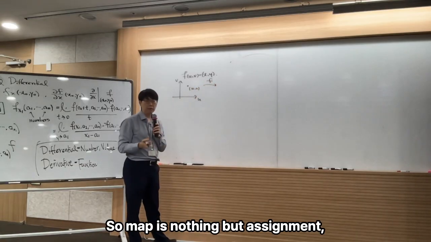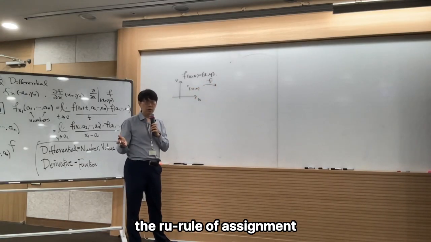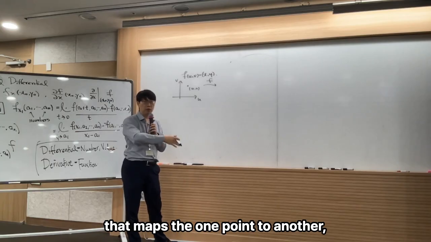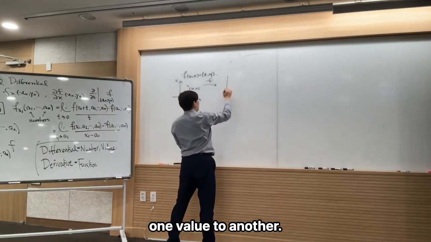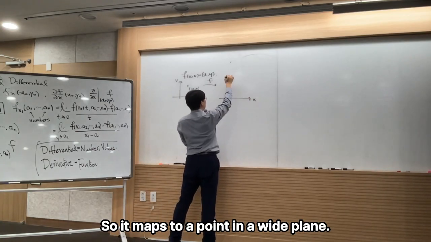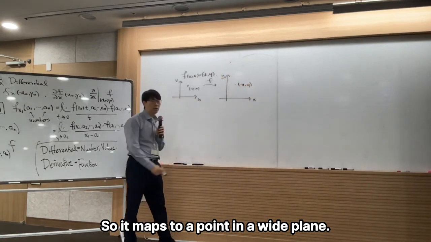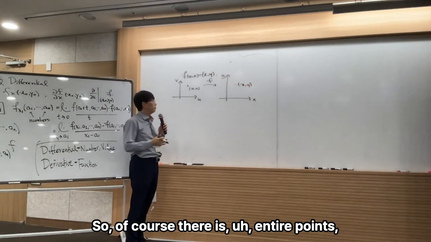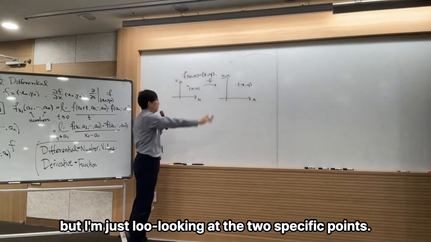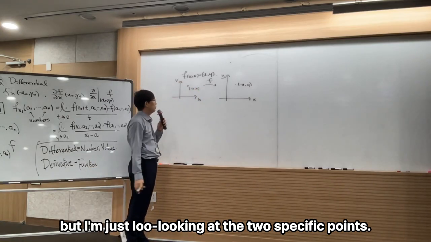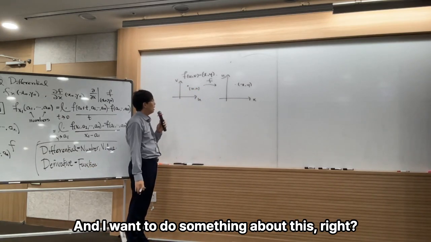A map is nothing but a rule of assignment that maps one point to another, one value to another. So it maps to a point in the xy plane. Of course there are entire sets of points, but I'm just looking at two specific points. And I want to do something about this, right?